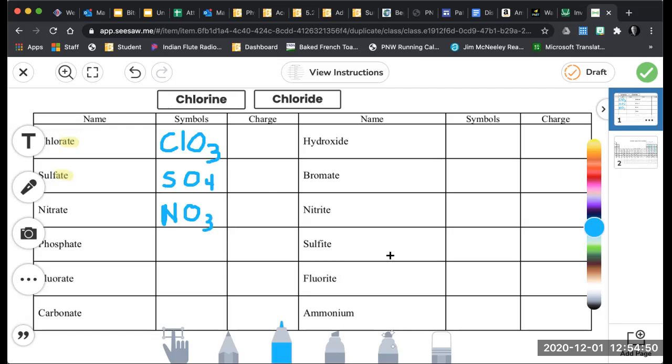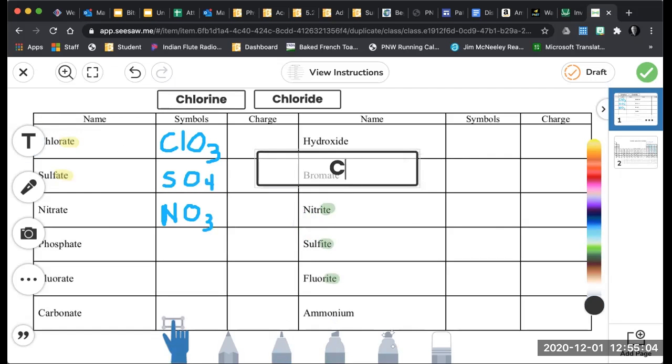Now, as we look over at this other side, I got the ATEs, but now it's ITE. And so we're going to do one thing that's a little bit different. So we have, I'm going to add it up here, chlorate. The chlorates have oxygens that follow T43.